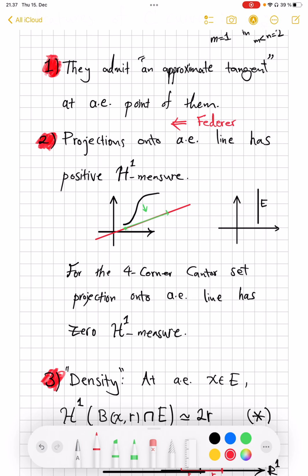Number 2, that if projections behave the right way, then your set is rectifiable, is again, in dimension 1, Besicovitch, and then for arbitrary dimensions, Federer.